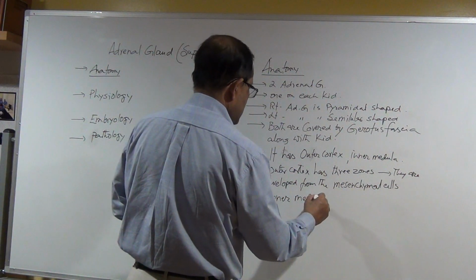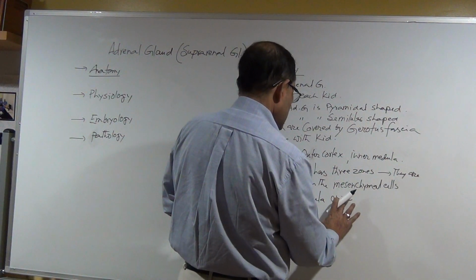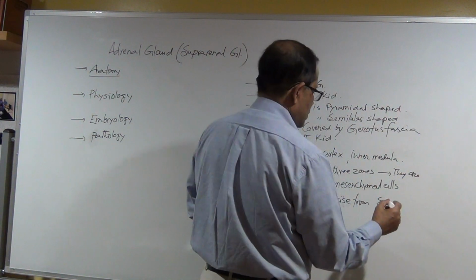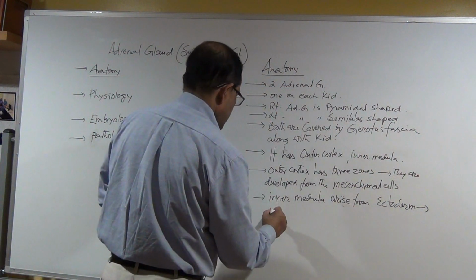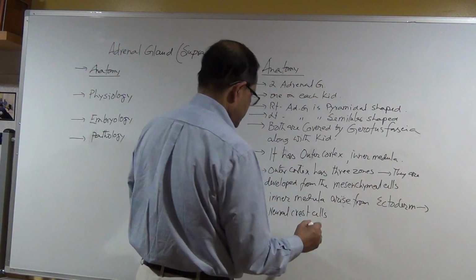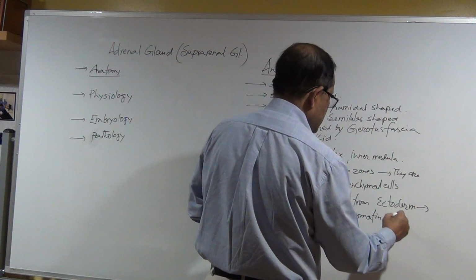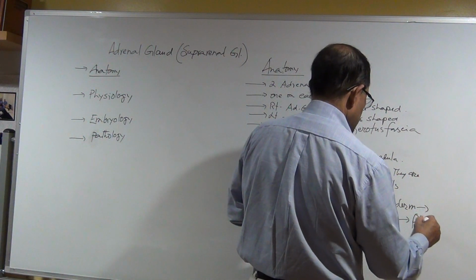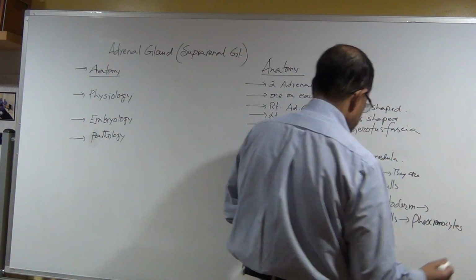The inner medulla arises from ectoderm, that is called neural crest cells, then chromaffin cells, then pheochromocytes.